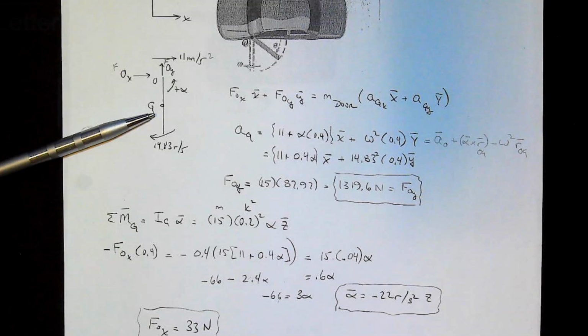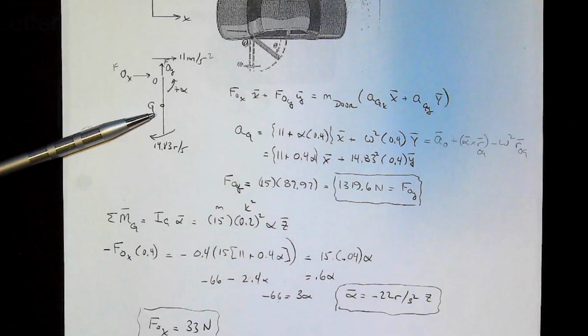Done. The key to this problem is, one, when you see the word reactions, it means force. Do not let it bother you. Okay. Secondly, when you do a problem, the most important part of this problem was doing a free body diagram.